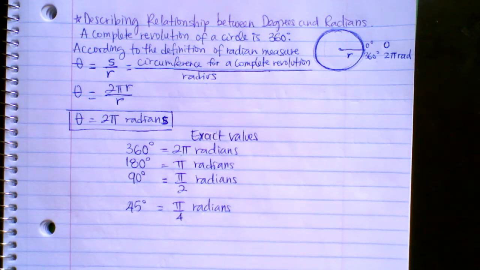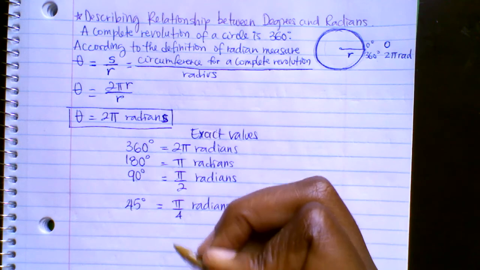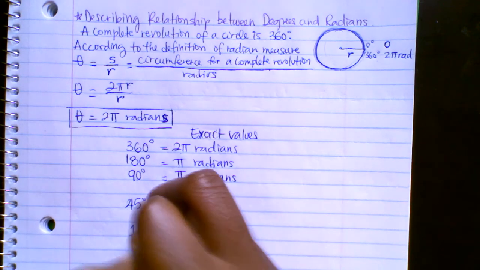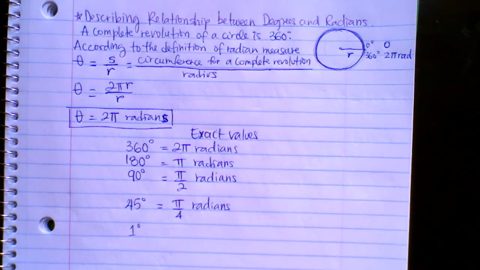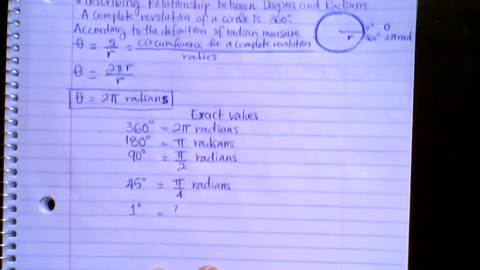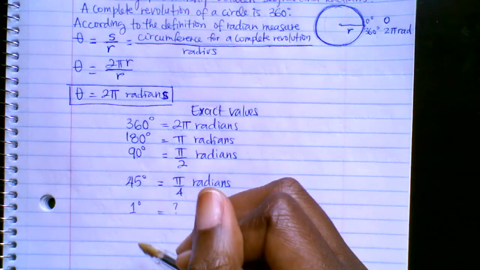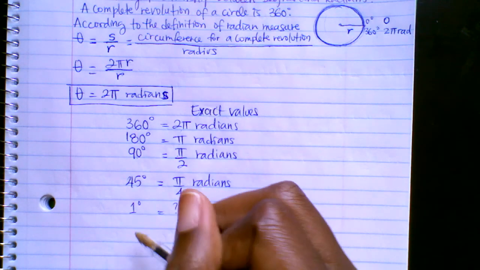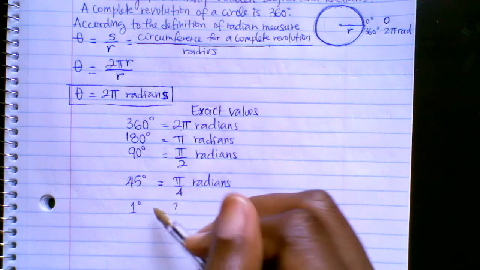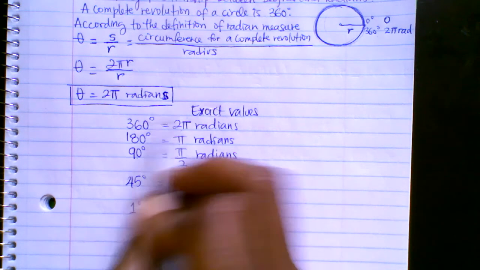Okay. So if I want to continue further, what if I want to find what is 1 degree in radian? How would you find 1 degree in radian? The way I'm going to do it, I'm going to use this relationship.